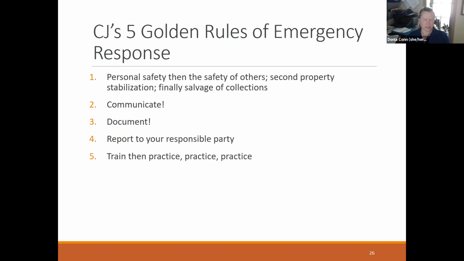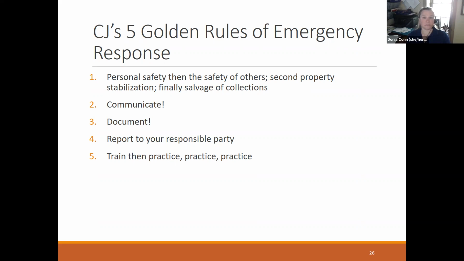Always number 1 is your personal safety. 1.5 is the safety of others. 2 is property stabilization, and 3 is the salvage of collections, and it will always be in that order. You will never start to salvage collections if you can't guarantee your personal safety. It will always go 1, 1.5, 2, and then 3.